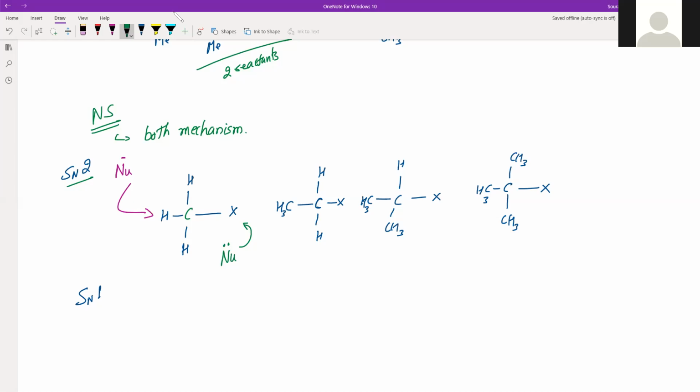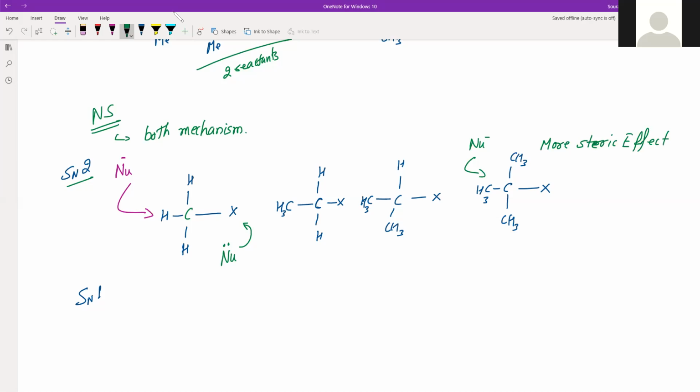But in the second one, there is one methyl group. In the second one, there are two methyl groups. And in the third one, there are three methyl groups. So now, if the nucleophile comes from this direction, it will have more steric effect or hindrance, same thing.